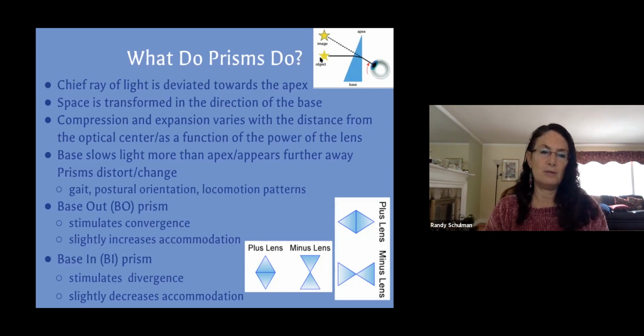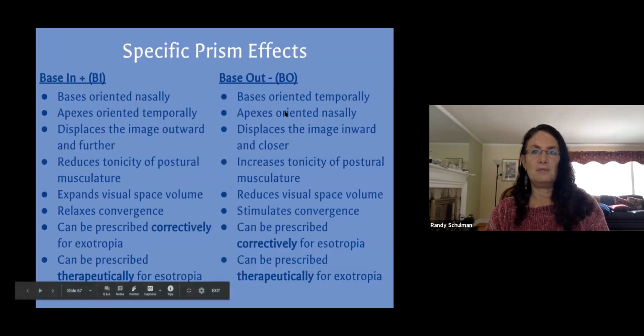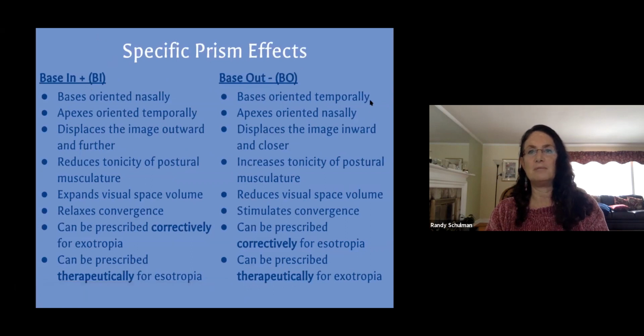And so we understand that base out prism is going to stimulate convergence and slightly increase accommodation. Base in prism is going to stimulate divergence and decrease accommodation. So if we go back to a summary, you've got the prism effects, but they're very similar to the plus and minus lens effects. So the base in prism has a plus effect.